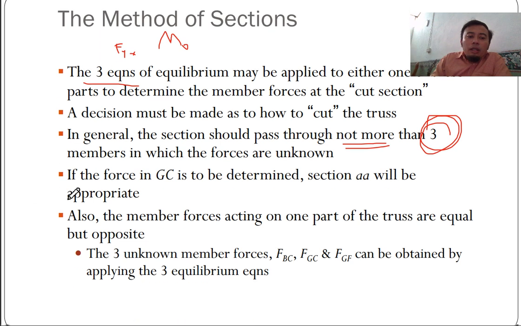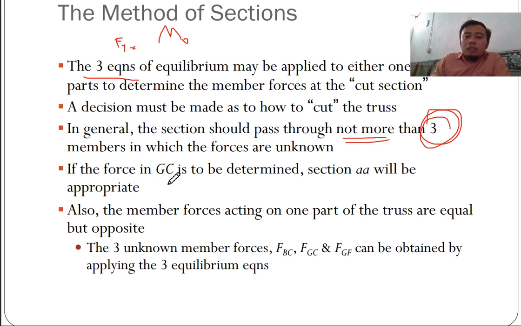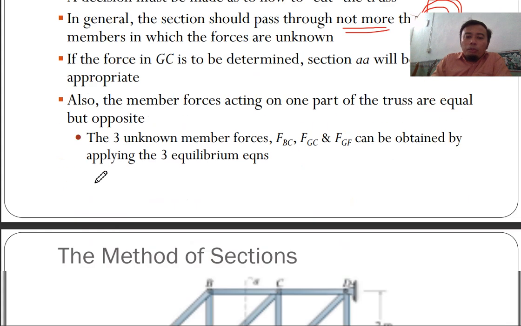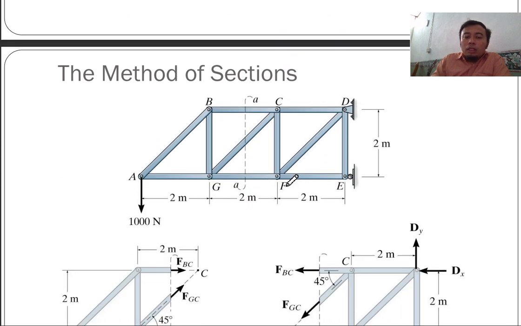If the force in GC is to be determined, section AA will be appropriate. Let's look at this. Let's say you want to find GC here. So you want to cut at AA. When you cut at AA, you can apply the method of sections to these two parts. You have the first part here and the second part here.